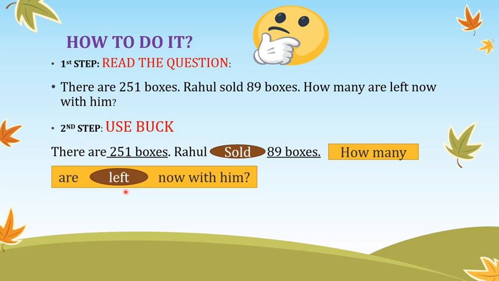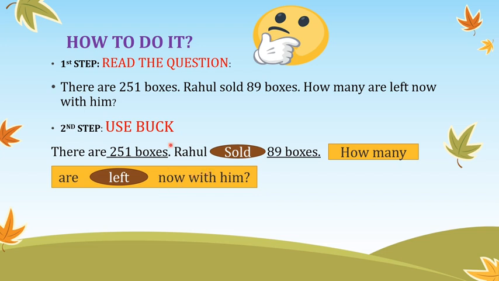If you know the keywords, you will quickly understand what the question is asking you to do. Since left is mentioned over here, this question is based on, yes, you guessed it right, subtraction. This word problem is on subtraction.